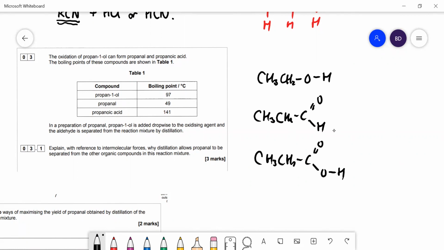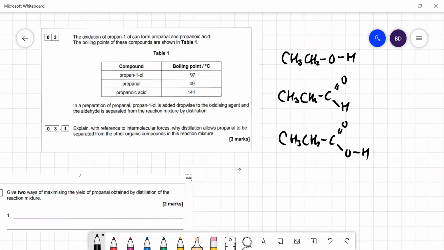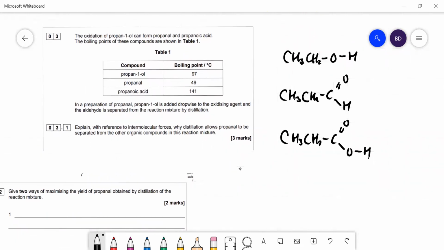And it's going to be about intermolecular forces, this question, because look, they give us the boiling points there. So in the preparation of propanal, propan-1-ol is added dropwise to the oxidizing agent, and the aldehyde is separated from the reaction mixture by distillation. So you're going to have something like this. You've got a flask with a distillation bit set up on it.